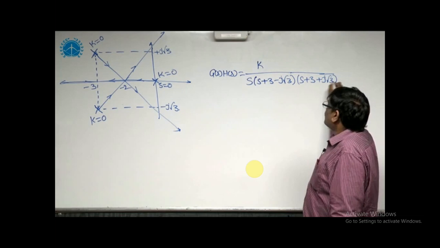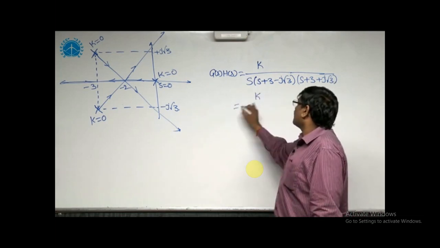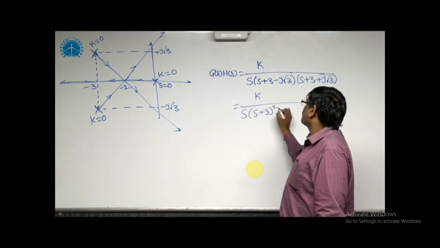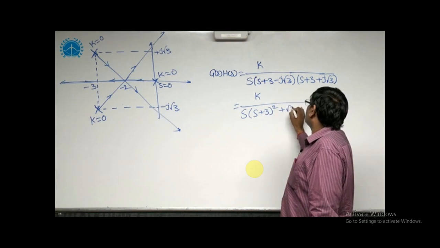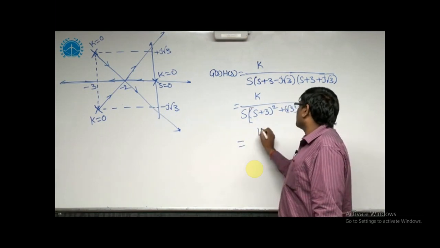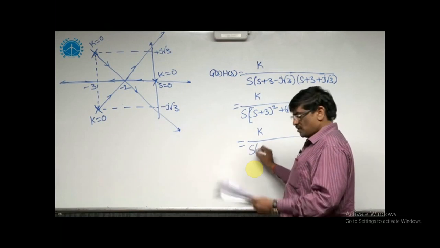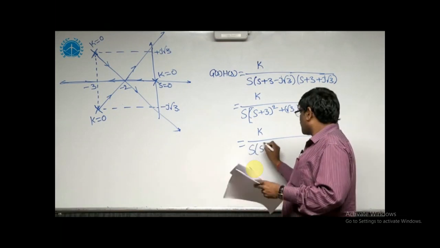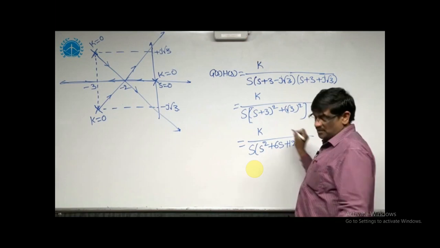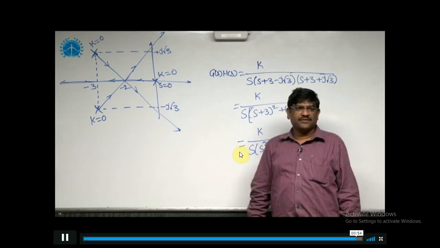If you simplify this, you will get K by s into (s plus 3) whole square plus root 3 whole square. Simplifying further, you get K by s into (s square plus 6s plus 12). So the answer is B.